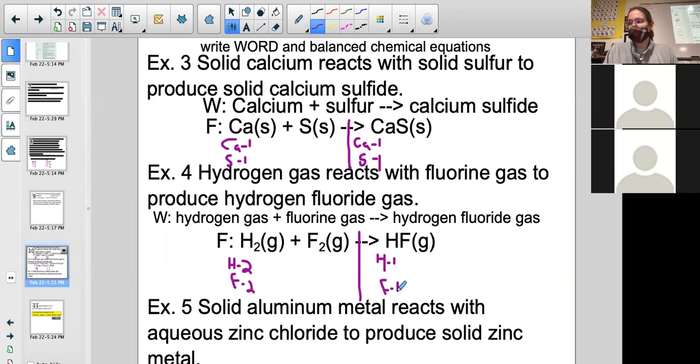When you balance, you can only add coefficients, that's big numbers, not little ones. So how am I going to balance this? Multiply by 2. You stick a 2 right here, because this 2 will distribute to the H and to the F. Now I have 2 hydrogens and 2 fluorines, and we can see that we're balanced, 2 and 2.